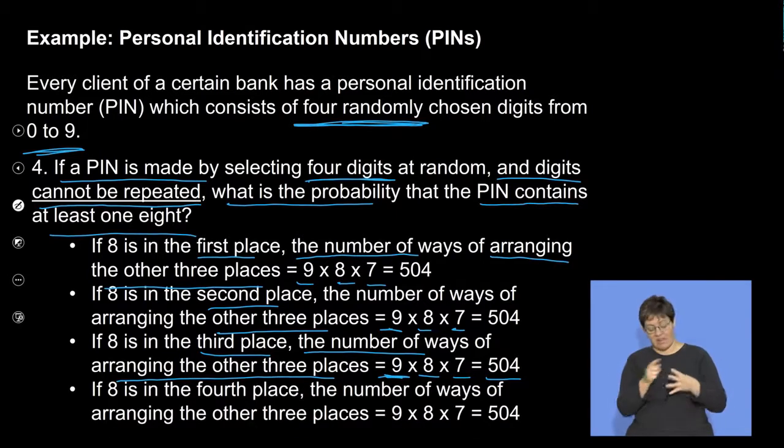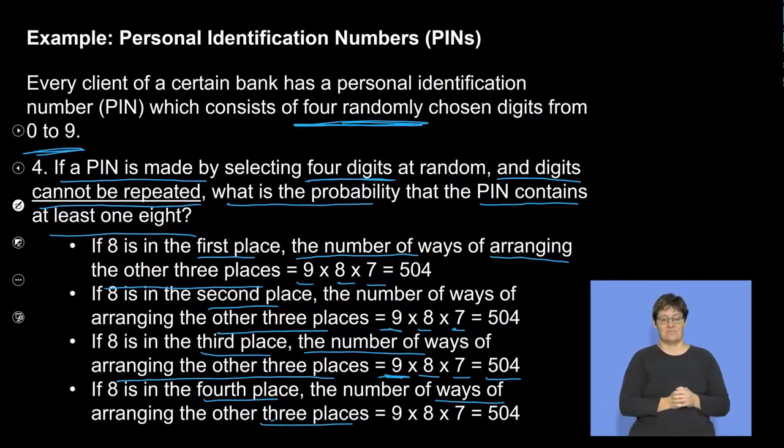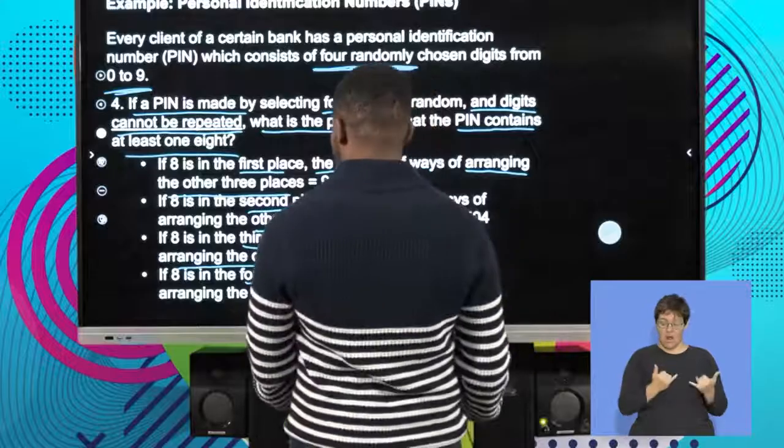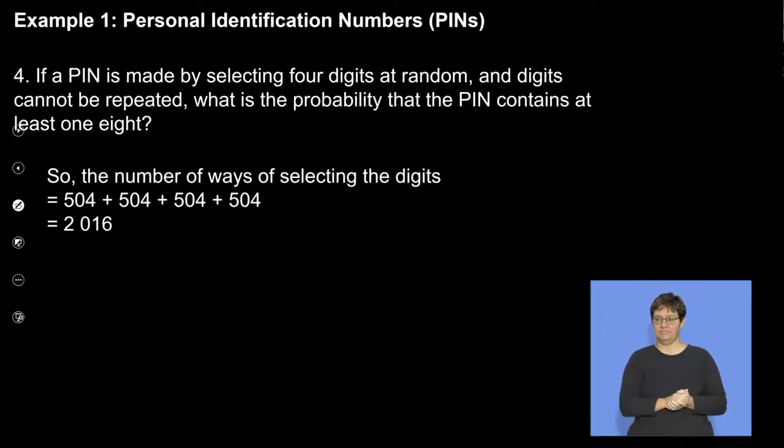And lastly, if 8 is in the fourth place, it will be 9 times 8 times 7, which is still 504. So the total number of selections will be 504 added 4 times, which gives us 2016.